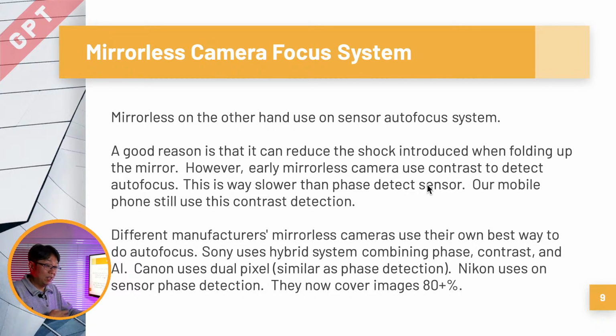The DSLR actually is what we call using this phase detect sensor. Our mobile phones nowadays mostly use contrast detection. It's similar to the old point and shoot cameras. So that's why you might find that the autofocus on your mobile phone is a little bit sluggish.